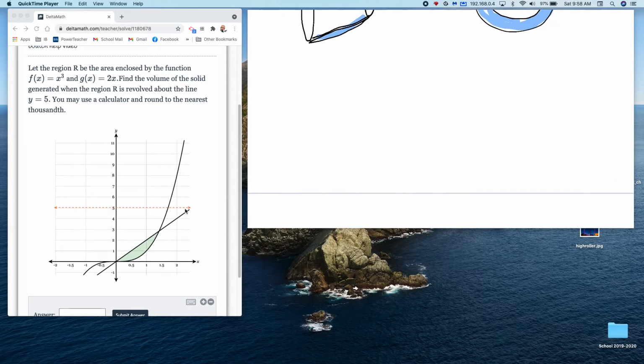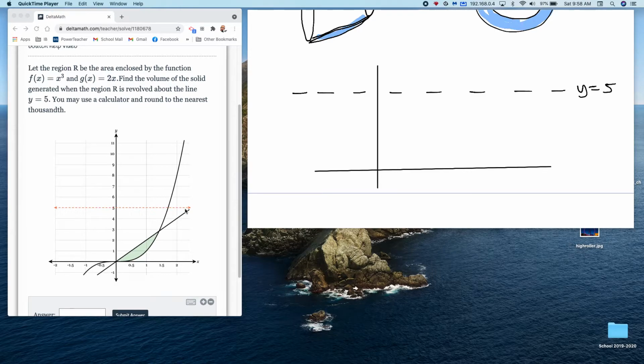When you think about what this thing looks like, you've got to keep the idea that the distance between two curves is the top curve minus the bottom curve. In this case, here's our axis of revolution, y equals 5.